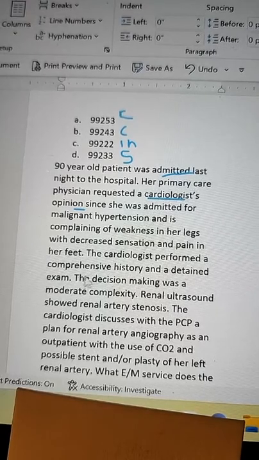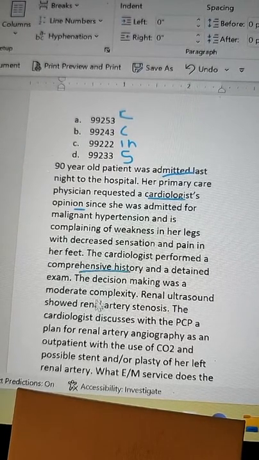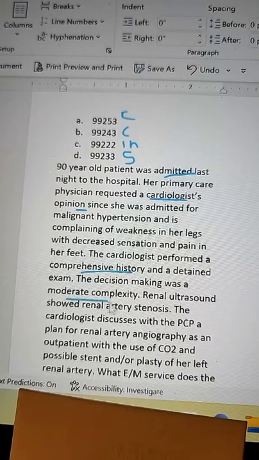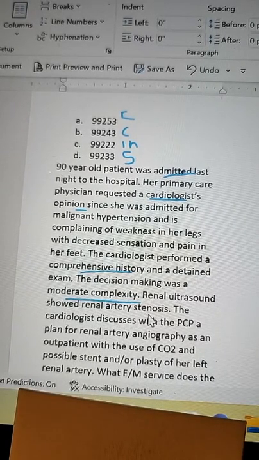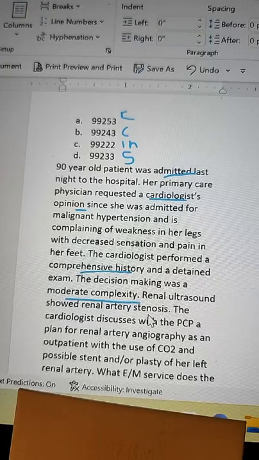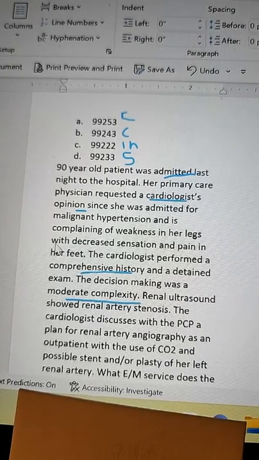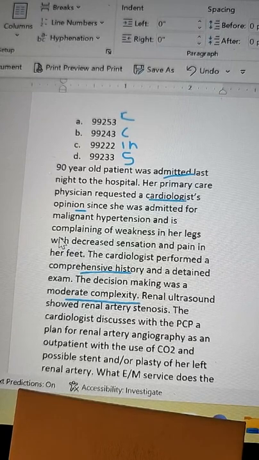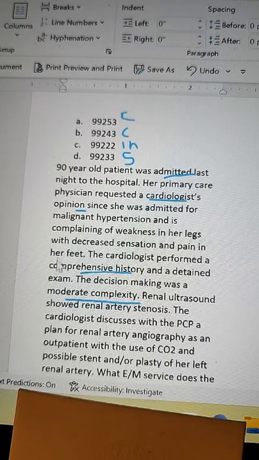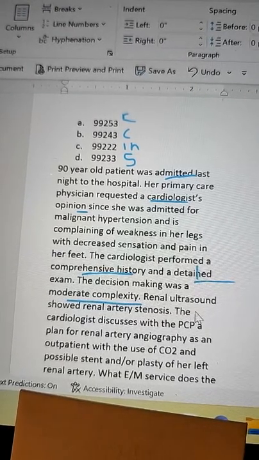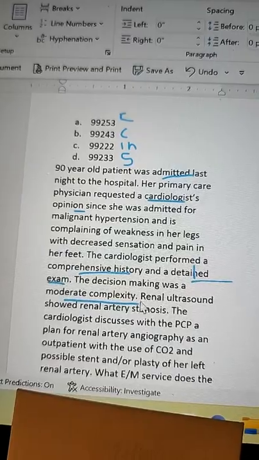But I do have a comprehensive history, and MDM was moderate. And do we have a history? Comprehensive history and a detailed exam. Okay.